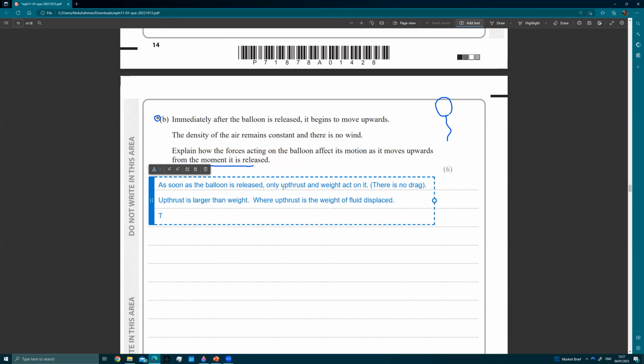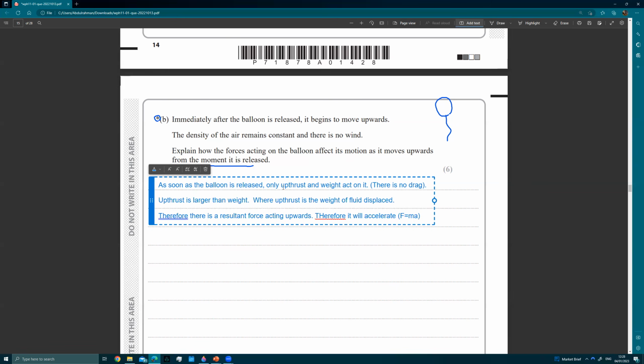So there is a resultant force acting upwards. And you always have to talk about resultant force if you ever want to mention motion. So if something accelerates or is stationary or is at constant speed, you have to talk about the resultant force before you talk about the motion. So there is a resultant force acting upwards. Therefore, it will accelerate. And we know this from Newton's second law, F equals ma.